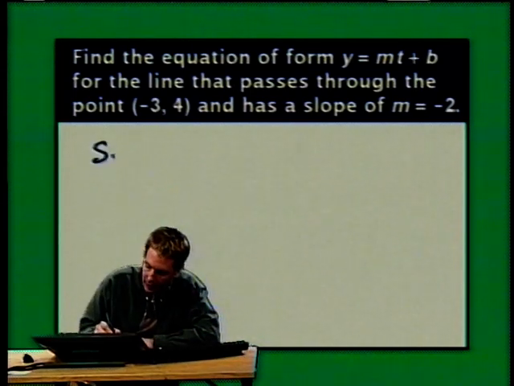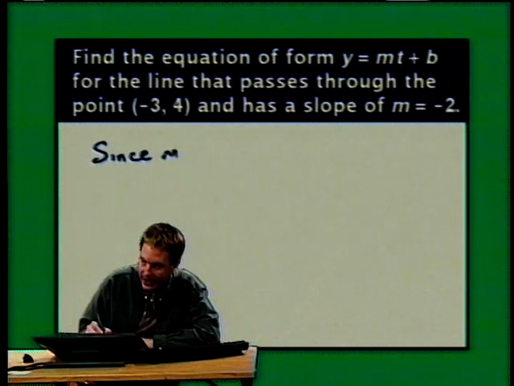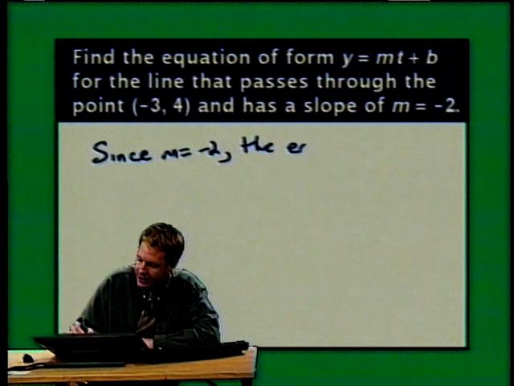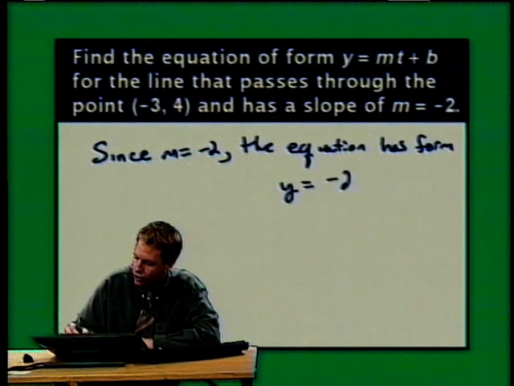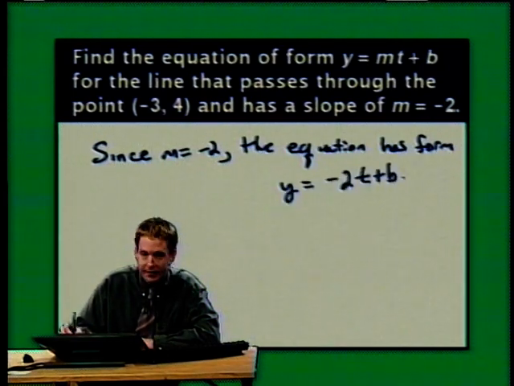Well, our starting point is that since m equals -2, the equation has form y equals -2t plus b.